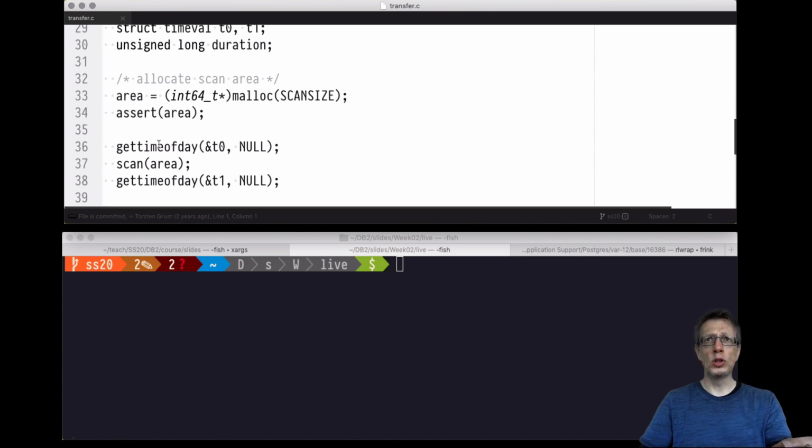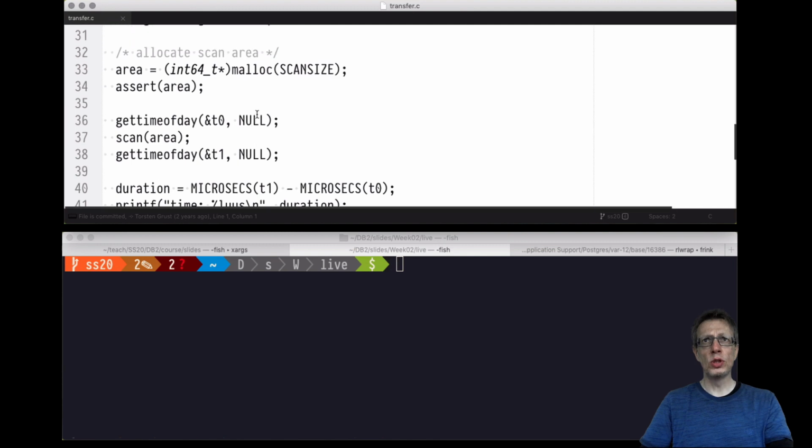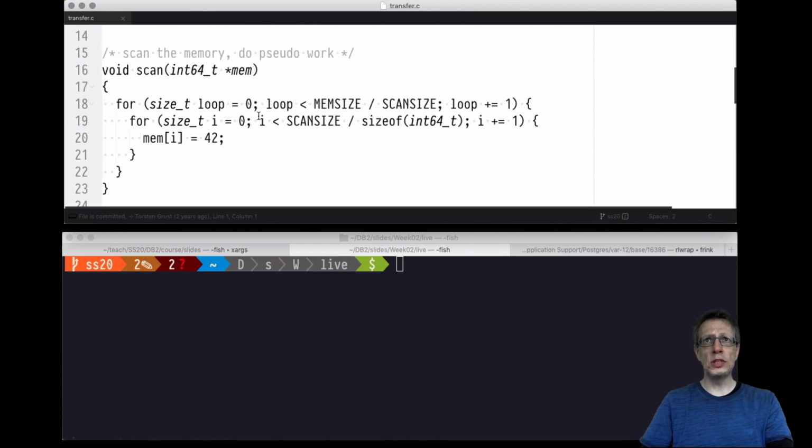Then I would measure the current time of day, save that in time t0, perform the scanning, the writing of the 4 gigabytes, and then measure the time of day again, and just compute the difference between the two timestamps that I've recorded here to output the duration of the scan operation, the memory write operation. The memory write operation is in function scan.